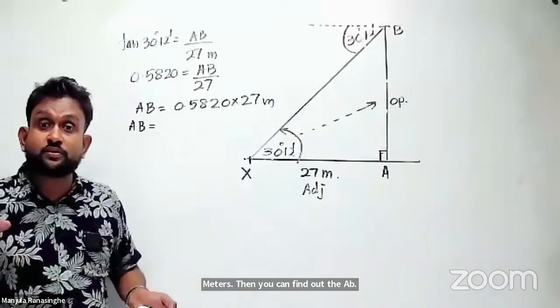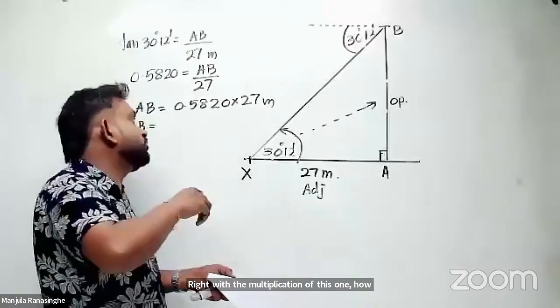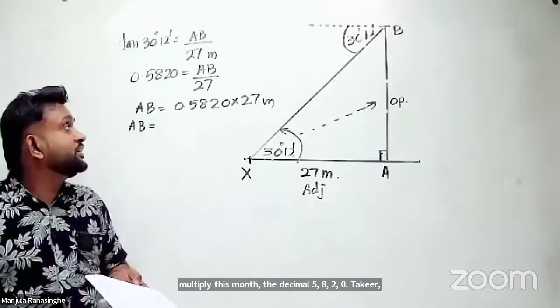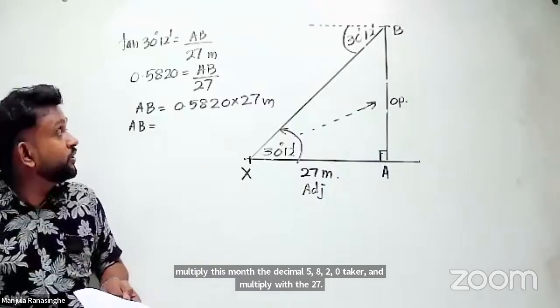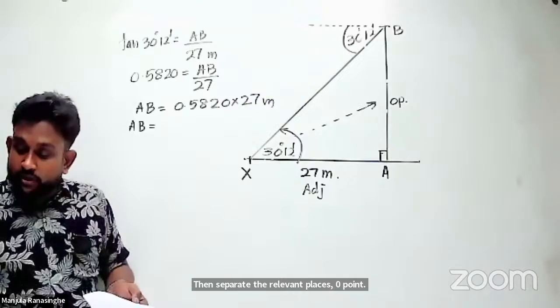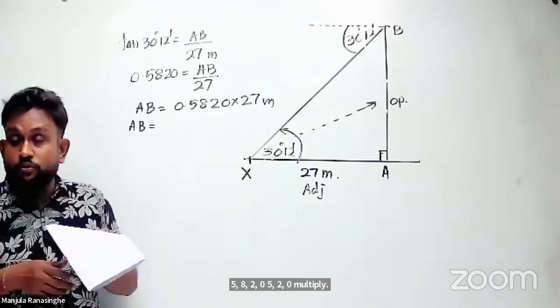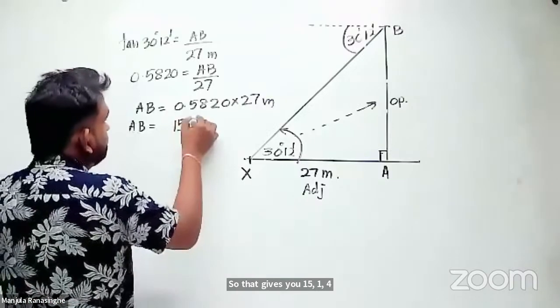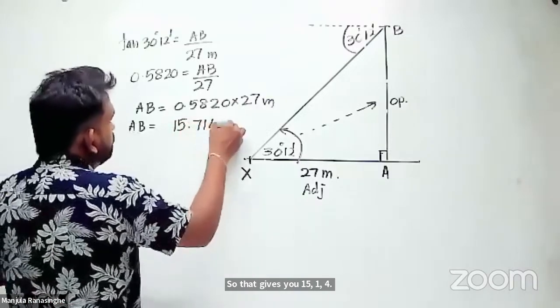How to multiply this decimal? Forget the decimal, take 5820 and multiply with 27, then separate the relevant decimal places. 0.5820 multiplied by 27 gives you 15.714 meters.